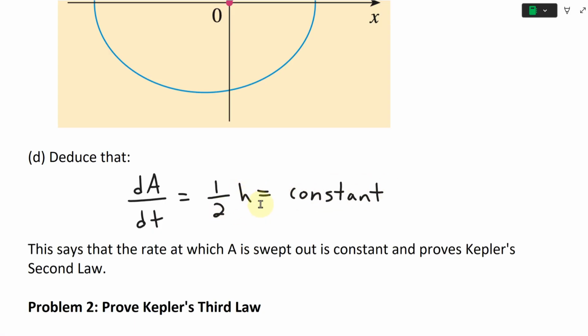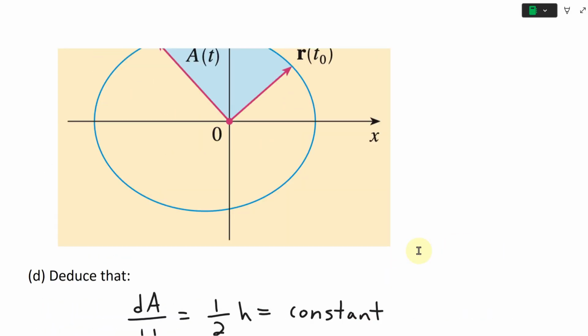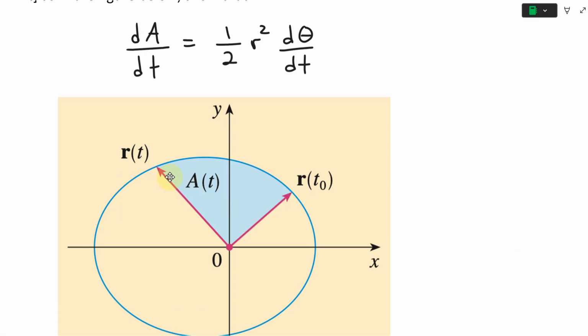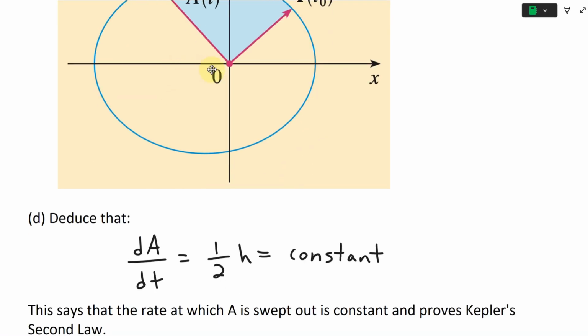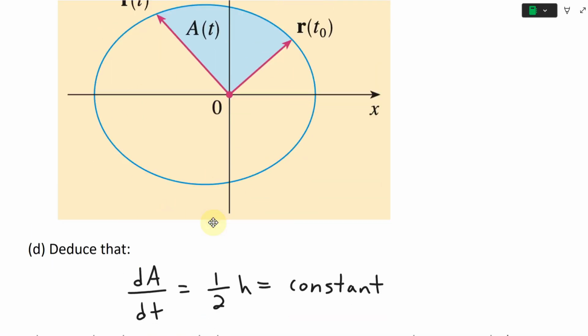In other words, this says that the rate at which A is swept out is constant and proves Kepler's second law. Basically, the area is the same over the same time. As you sweep it, the rate of change of the area is always constant. So after time t, you're going to have the same amount of area. It doesn't matter where you are in orbit. It's always going to sweep out the same area.